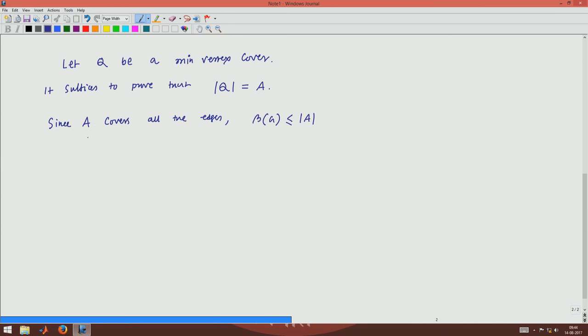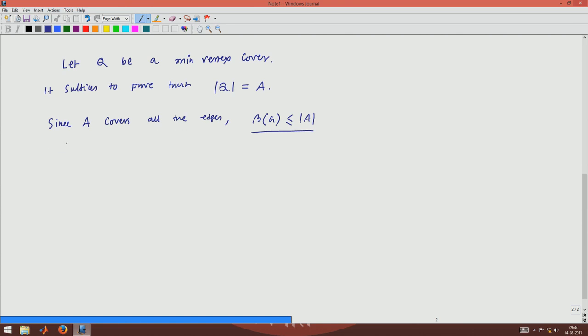In a bipartite graph, if you take all the vertices in one side of the bipartite graph, then it covers all the edges of the bipartite graph. So, that is a trivial vertex cover. So, the size of the minimum vertex cover must be less than or equal to the cardinality of A.